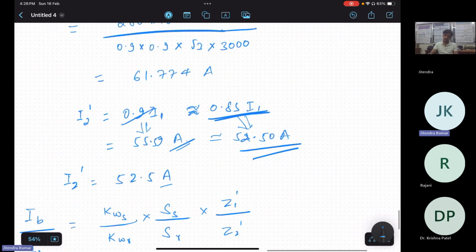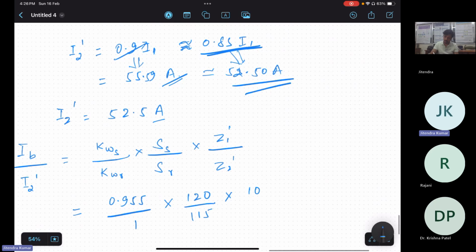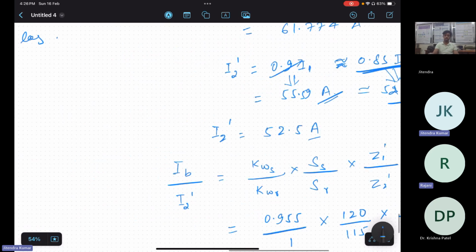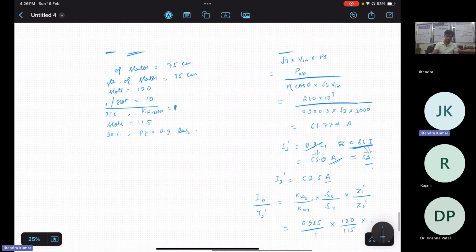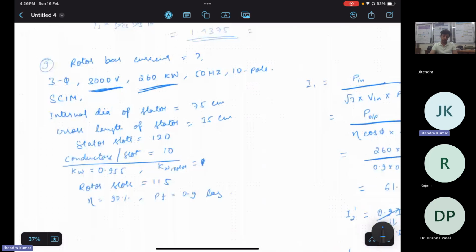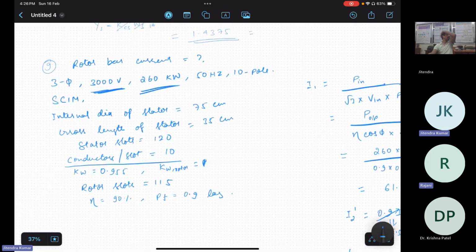And how much is the conductors per rotor slot? 10 here per slot. Total slot 120, total conductors 1200. Double layer winding.